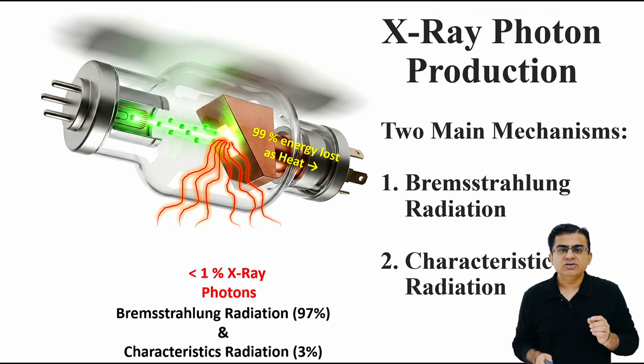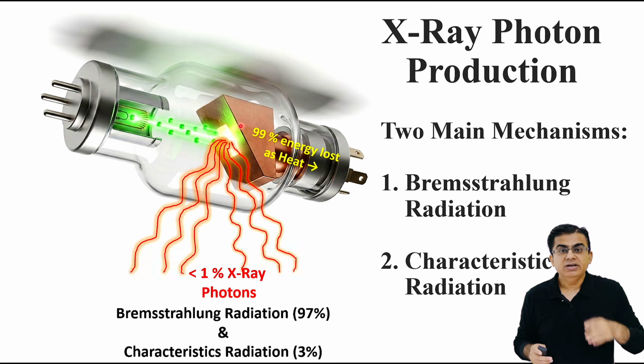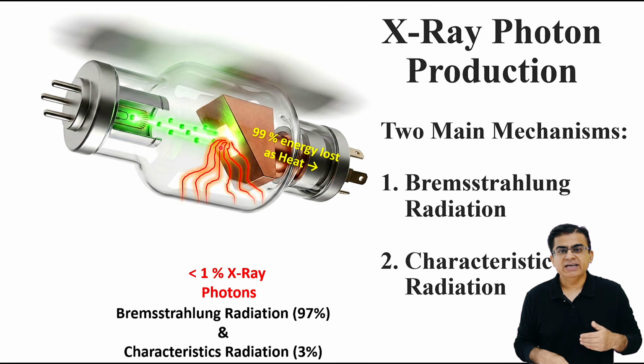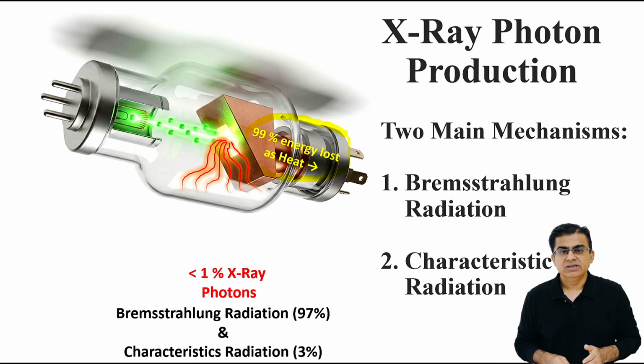The moment this collision happens, the kinetic energy of those high-speed electrons is converted into different types of energy. Now listen carefully. In standard low energy machines such as a diagnostic X-ray tube, over 99% of this kinetic energy is completely wasted as pure heat. See here.